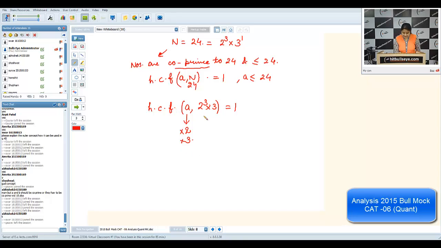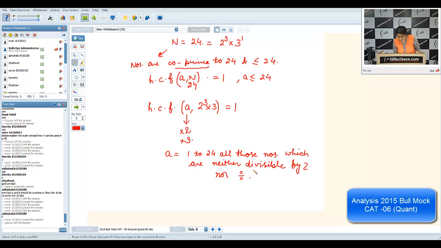It means A should be from 1 to 24, all those numbers which are neither divisible by 2 nor divisible by 3.